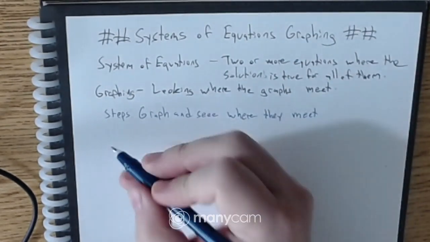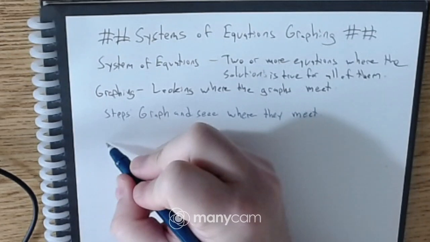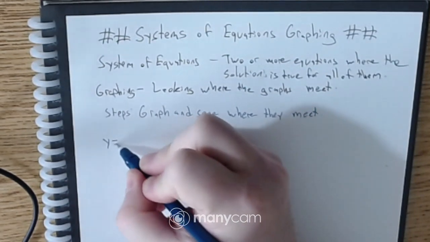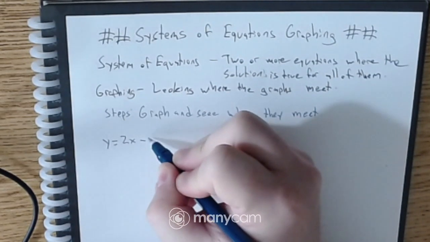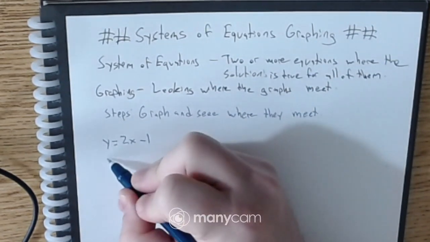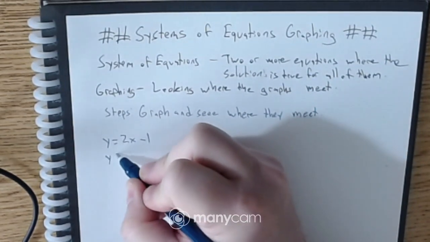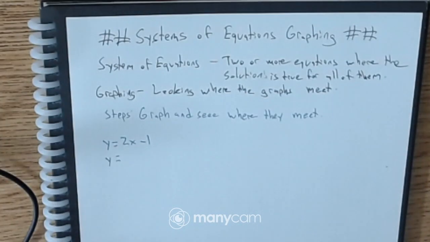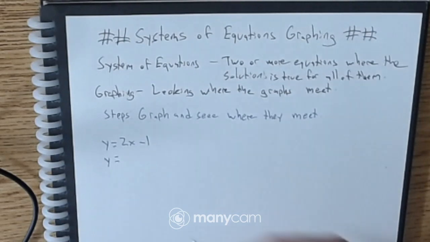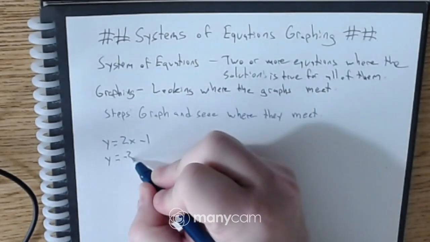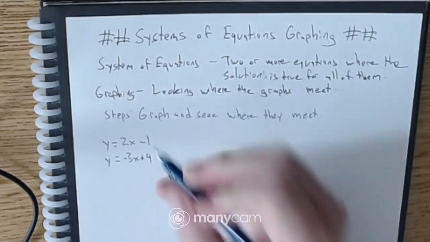So I might ask you to solve y equals 2x minus 1, y equals negative 3x plus 4.